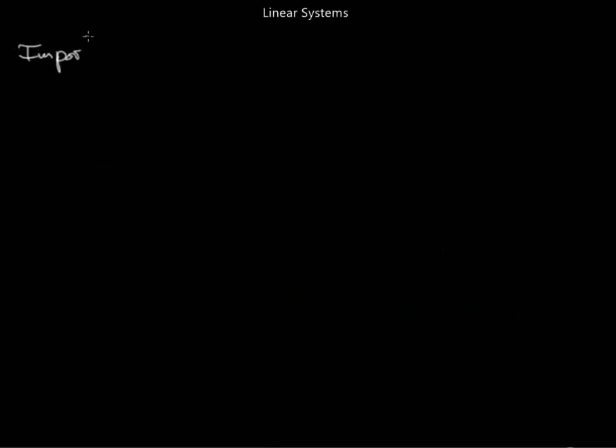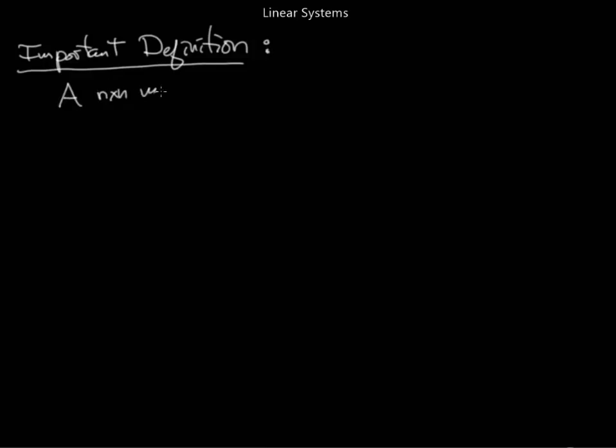So this leads us to an extremely important definition. You have a matrix A, a square matrix, n by n.